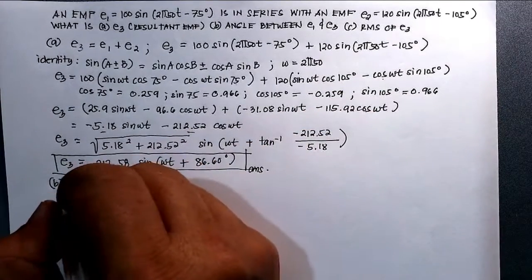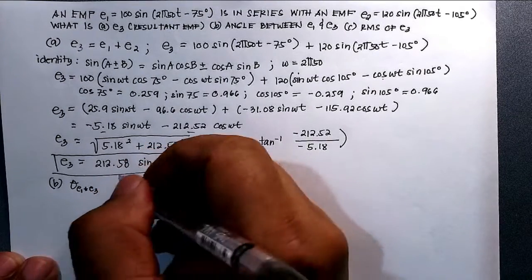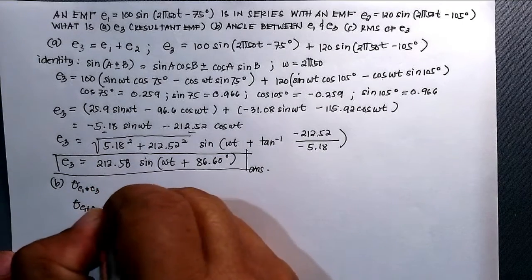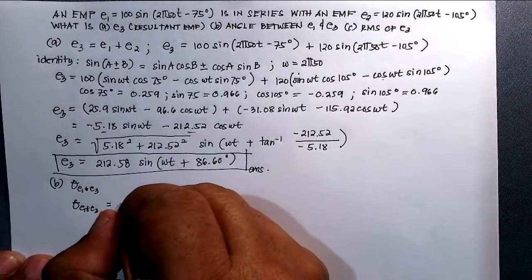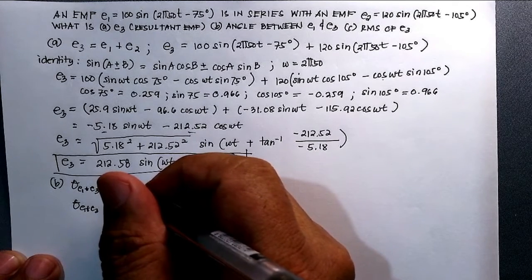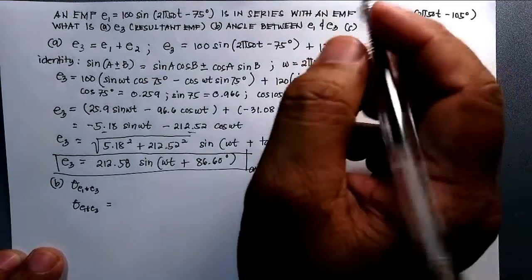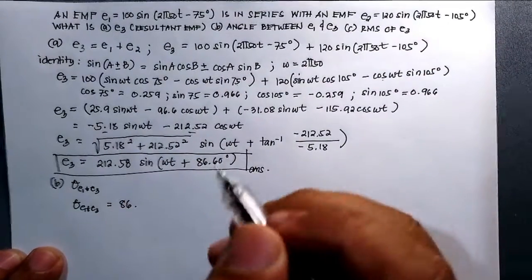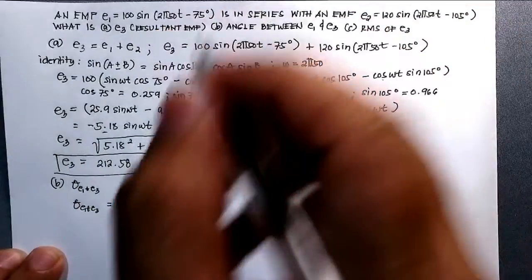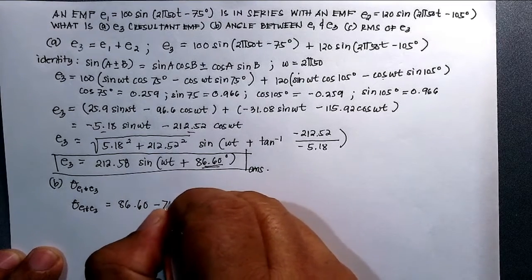So we are actually getting the theta between E sub 1 and E sub 3, which is the angle of E sub 3 minus the angle of E sub 1. It will be 86.60 degrees, which is the angle of E sub 3, minus negative 75 degrees, or plus 75 degrees.